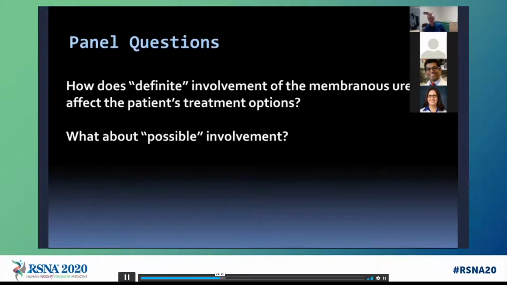So I would say from a surgical perspective, anything that's at the distal apex is a challenge for any treatment option, whether that be an ablative treatment option or surgical treatment option. And I'll let Dr. Des speak to it from a radiation oncology perspective, but I think that it's a challenge there as well. The issue from a surgical perspective is that it makes it challenging to be able to preserve a long urethral stump.